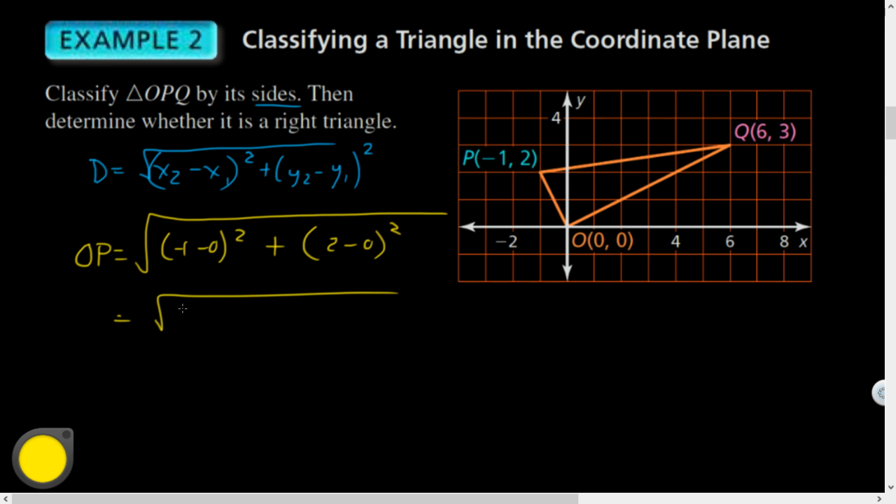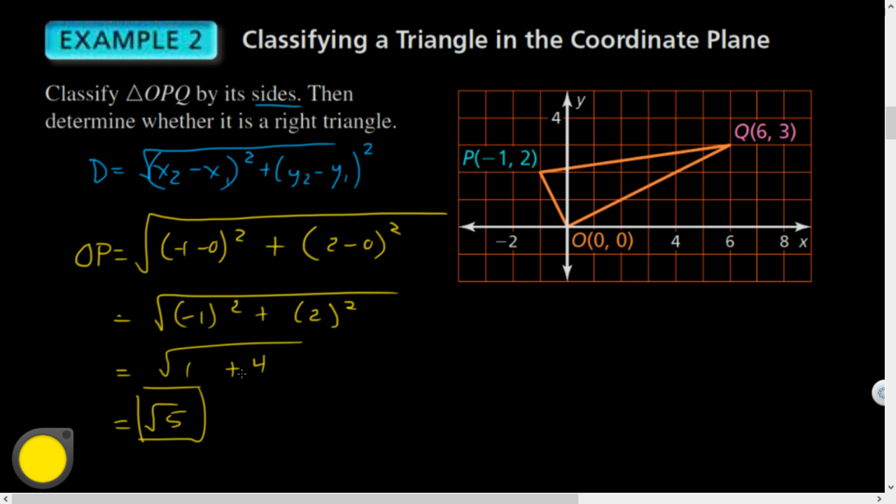And so I'll have -1 squared plus, I think you guys know how distance formula works, right? -1 squared is 1, 2 squared is 4. I get the square root of 5. Right? Are we good? And so this length is the square root of 5 right there.